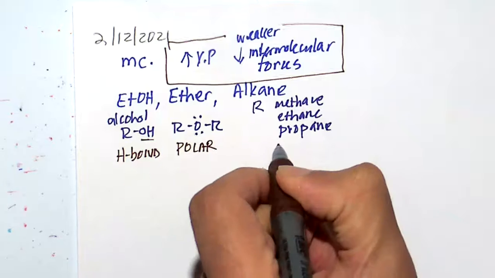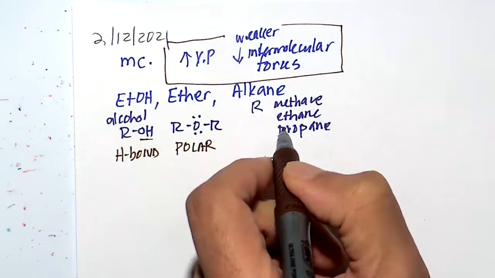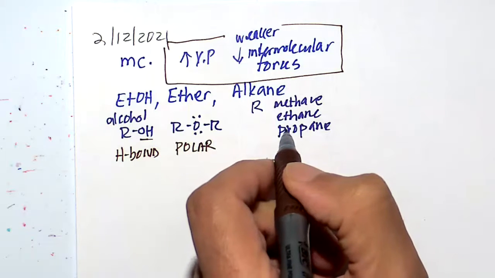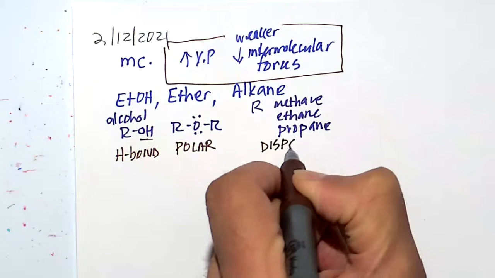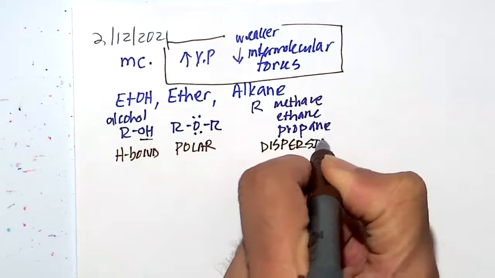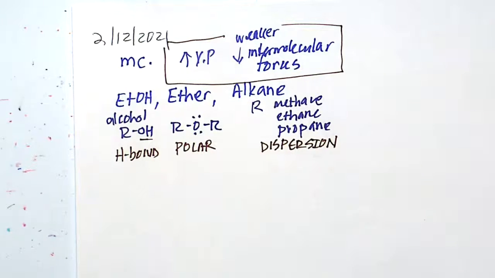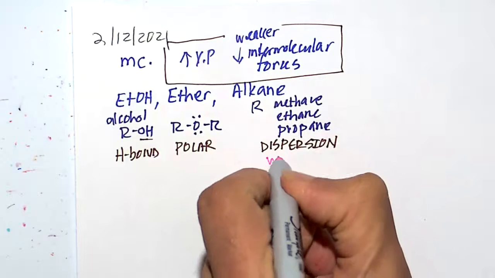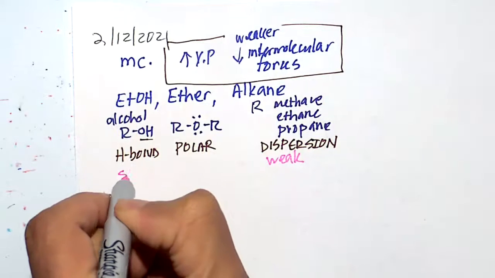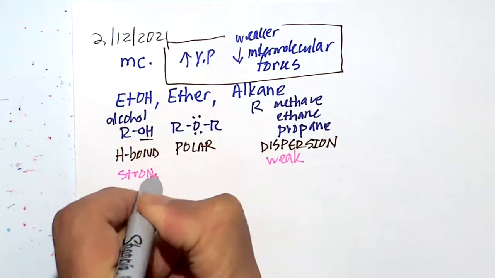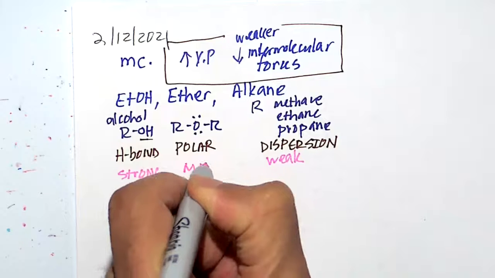Polar. What holds together an alkane? Methane, ethane, propane, hexane. Dispersion forces. Which is the weakest of them? Weakest would be alkanes, or dispersion forces. Which would be strongest amongst these three? Hydrogen bond, and the ether would be in the middle.